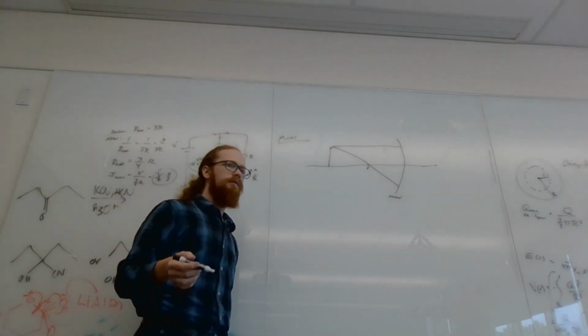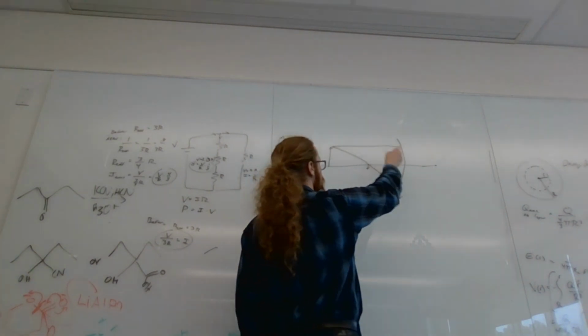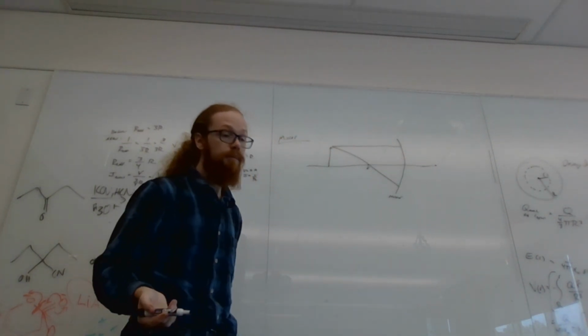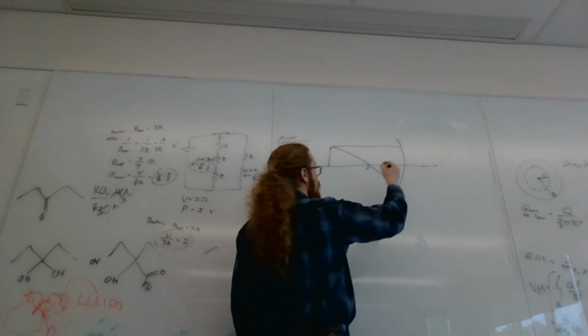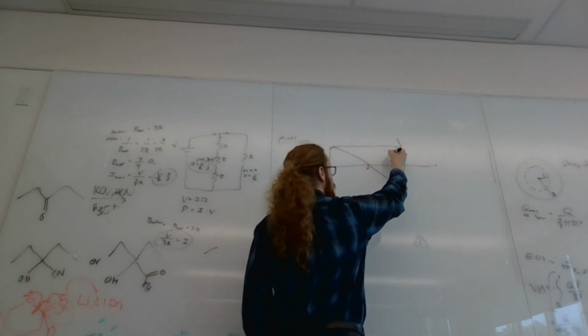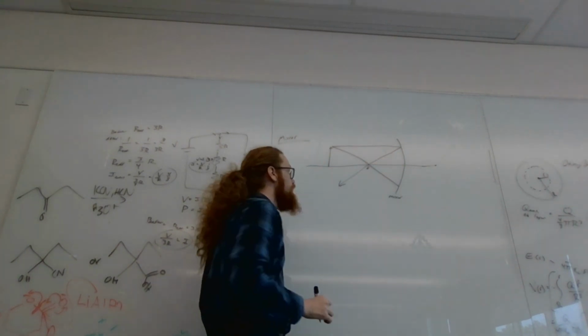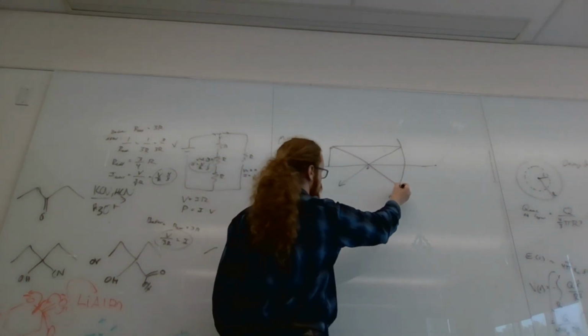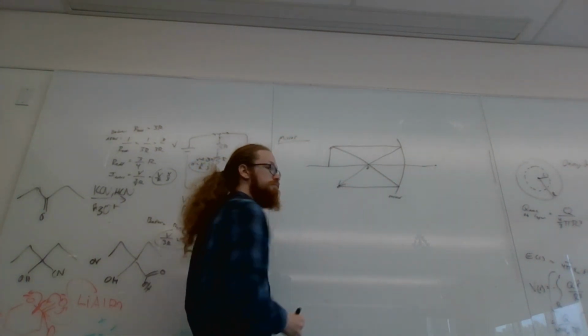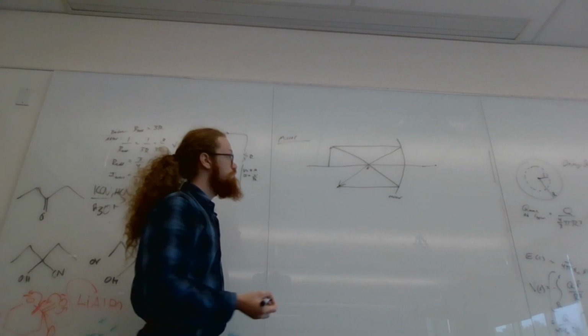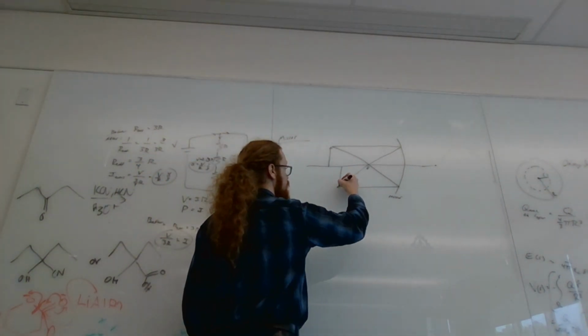If we had a lens, we could also do the midpoint ray, but it's a mirror, not a lens. If something comes in parallel, it leaves through the focal point. If something comes through the focal point, it leaves parallel. Where they meet, that's your object.